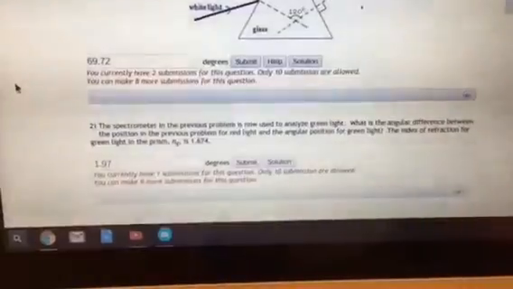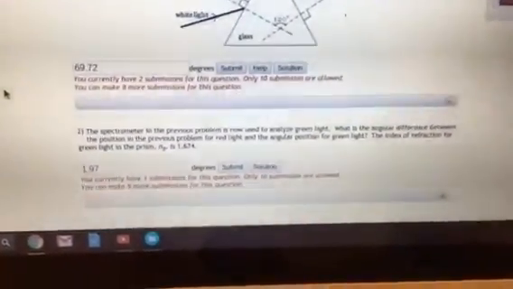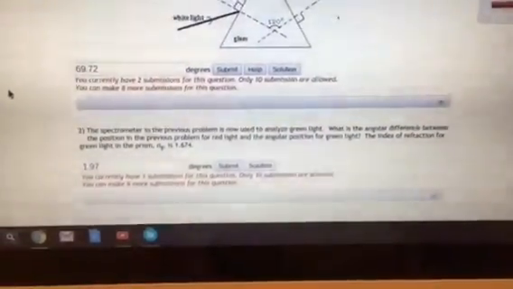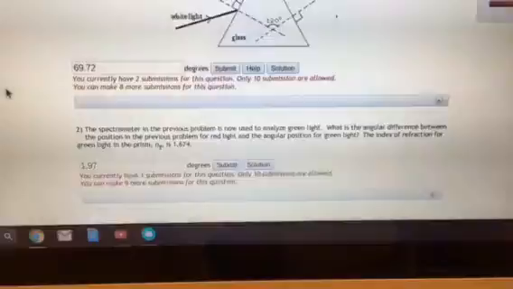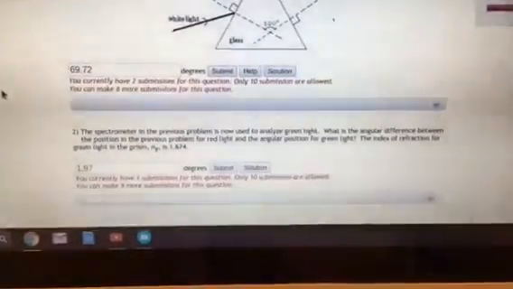Pretty straightforward. If you go to number 2, it says, the spectrometer in the previous problem is now used to analyze green light. Now, what is the angular difference between the position in the previous problem for red light and the angular position for green light? The index of refraction for green light in the prism is 1.674.